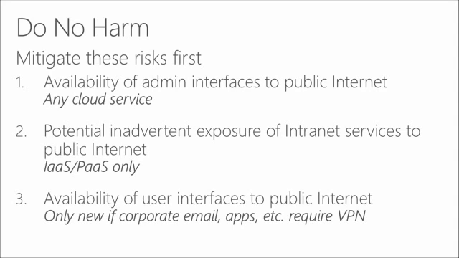Generally in most enterprises, the administrative interfaces for your virtualization console, your management tools, your Active Directory, you have to be on the corporate network to be able to access those. In the cloud world, those are exposed to the public internet. So that's a net new risk that generally doesn't exist on most on-prem enterprises today. And so that's one of the first mitigations that should be focused on as part of your going to the cloud plan. And you want to make sure you include that in your project to mitigate that particular risk as you go to the cloud.